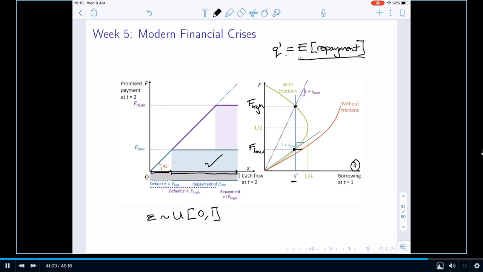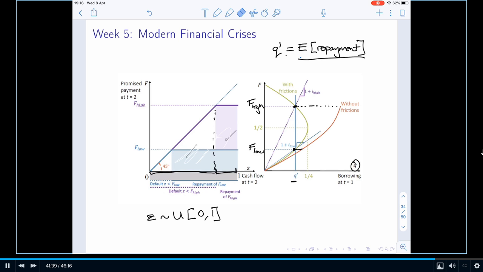If, however, Spain is forced by its lenders to promise to repay F high, then this is a very bad situation for Spain and for society collectively, because there are very few situations in which Spain's cash flow is enough to repay the loan. There are many cases in which Spain is defaulting, and all of this value is going to be lost, represented by that horizontal distance there. So clearly from a social perspective, F low is the good outcome and F high is the bad outcome.